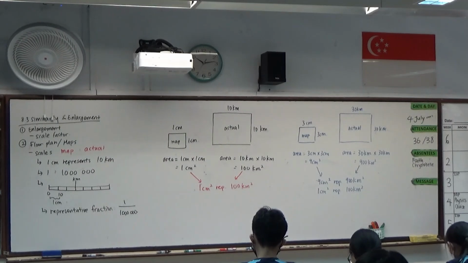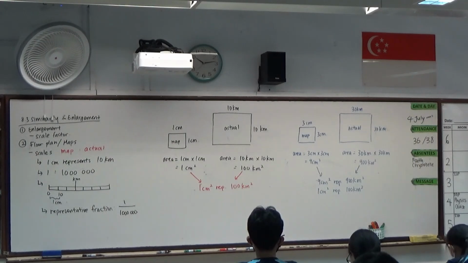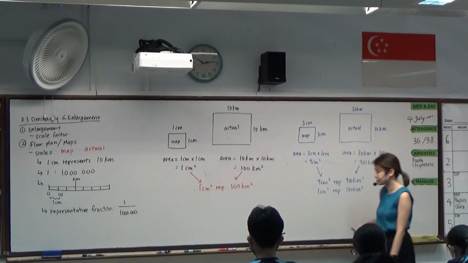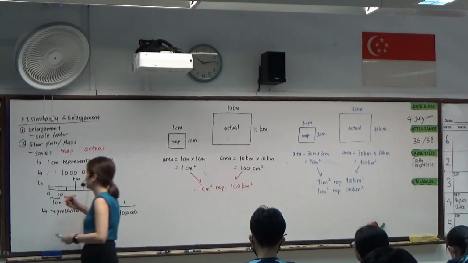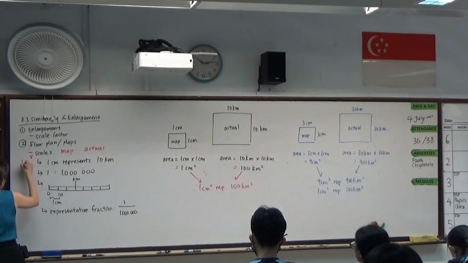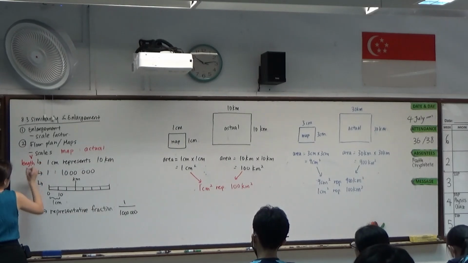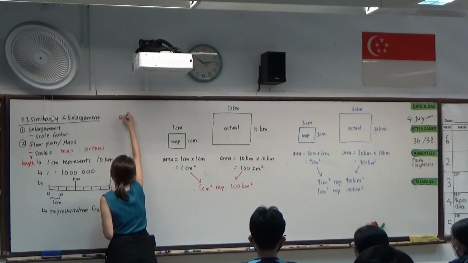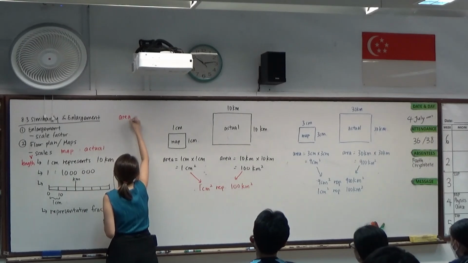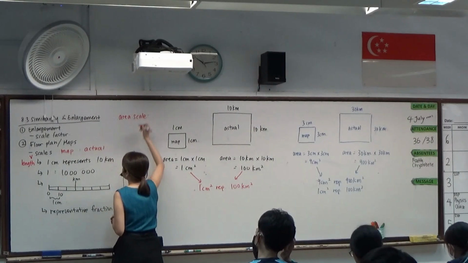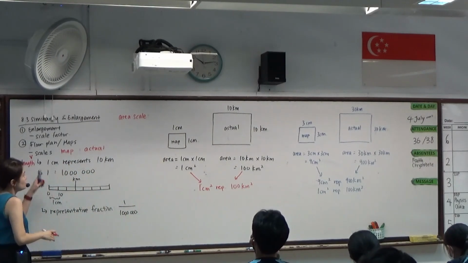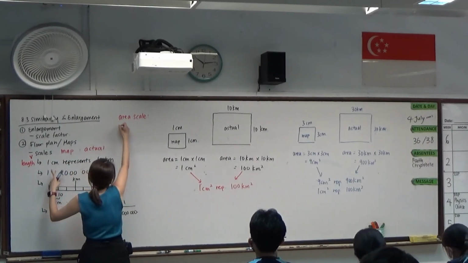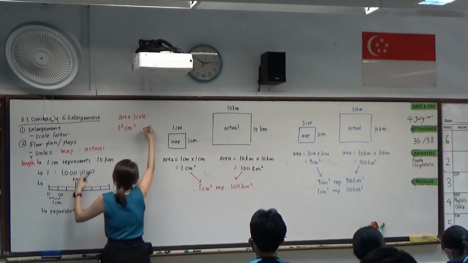Are you all following what I'm saying? So, what does this mean? This itself is our length scale. If I want to find out the area scale, what I need to do is square the length scale.